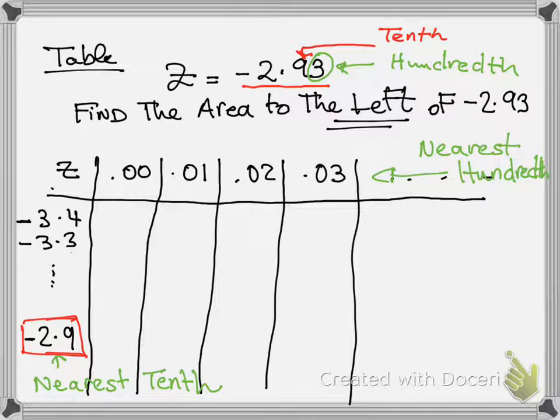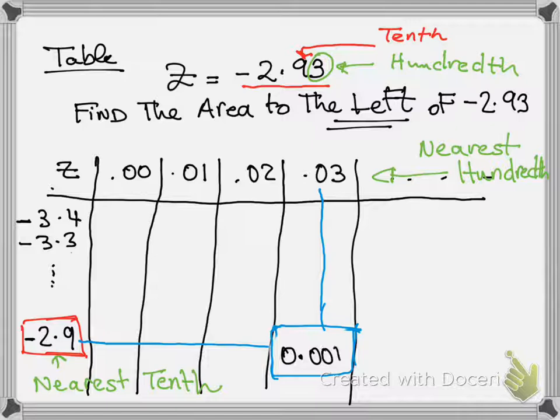So what you do is take the value where my negative 2.9 row meets my nearest hundredth, which is 3. You take this value here, and if you check the table, it's actually 0.0017.